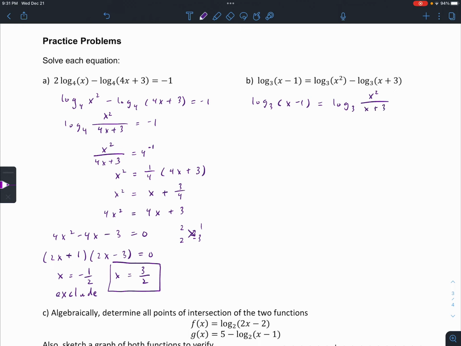So quotient law. And what we can do with the logs is we can drop them. We have log to the base 3 on both sides. We can drop the logs, and we get x is equal to x squared over x plus 3.